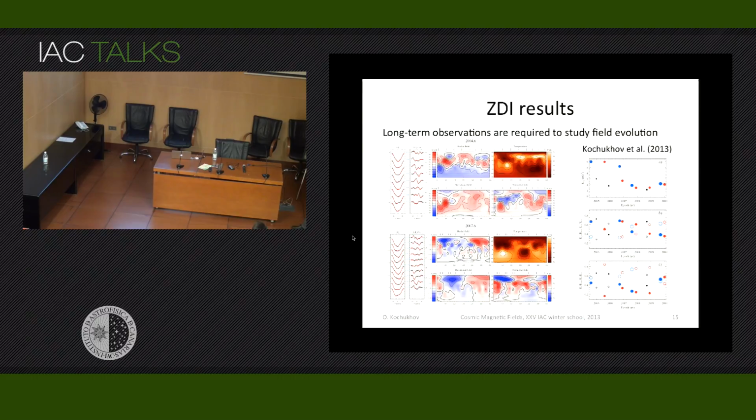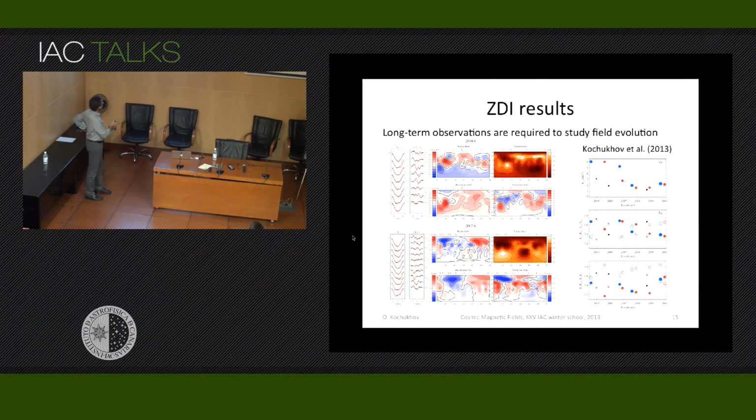This is a summary of what the stellar magnetic field was doing. The first observation is 2004, and the last one is 2010, I believe. So this is a 7-year span.